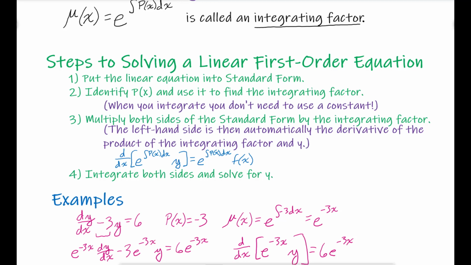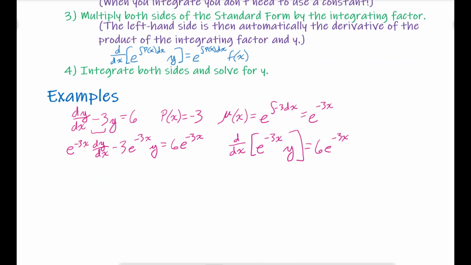So now all that's left is for us to integrate both sides so we can solve for y. So integrating both sides, we have an integral of a derivative, so those cancel each other out. So we have e to the negative 3x y on the left-hand side.